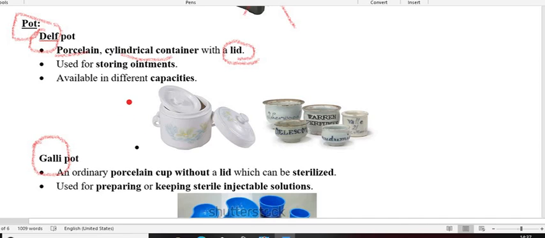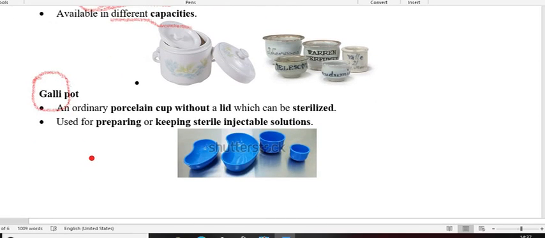What is the purpose of this one? Delft pot is for storing ointment. This Delft pot is available in different capacities, and very important, is used for storing ointment with a lid. Just opposite to this Delft pot is the gallipot.